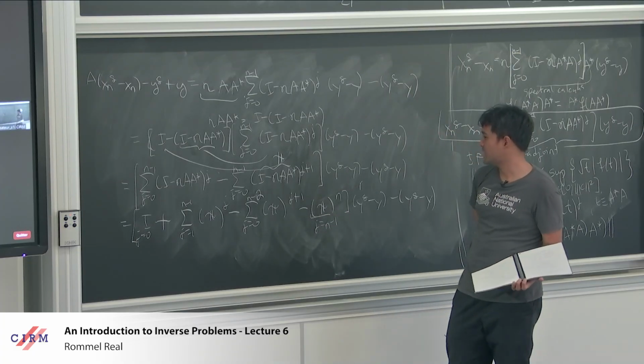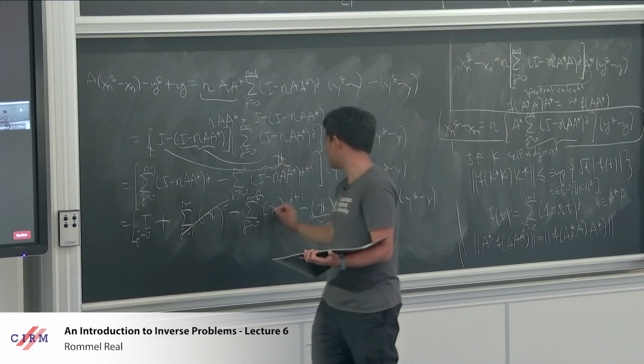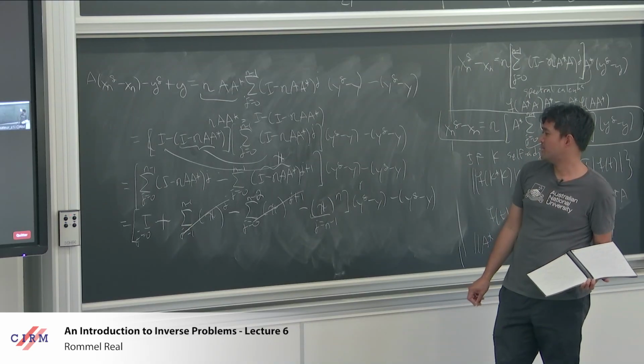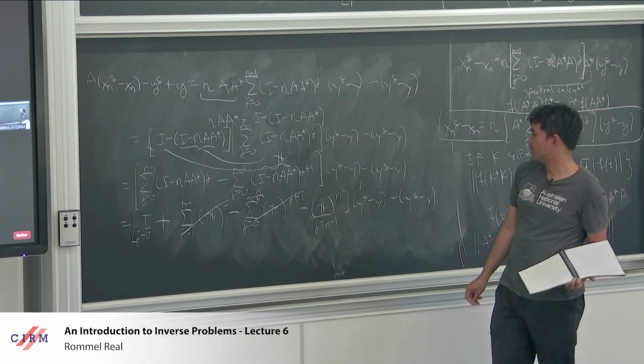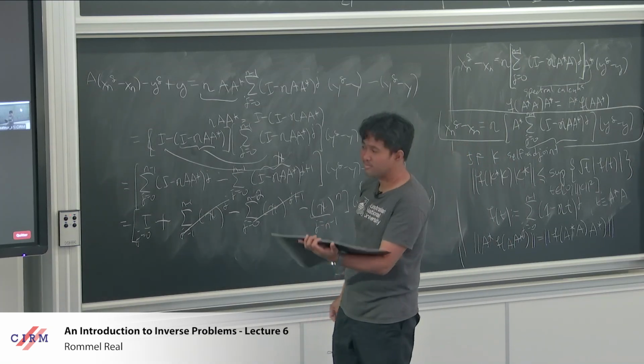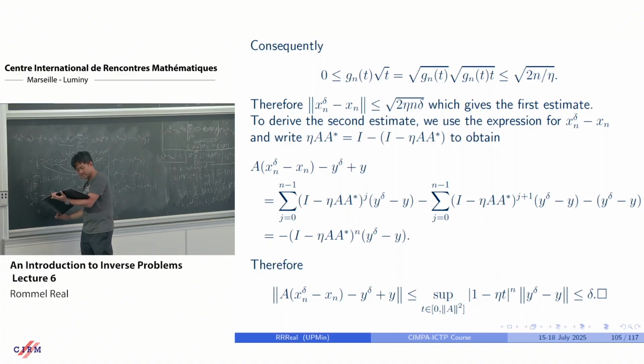So what's left here is this one, so this gets cancelled, okay? And then we are left with the following, which is actually that one. So that's I minus this term over here raised to n.